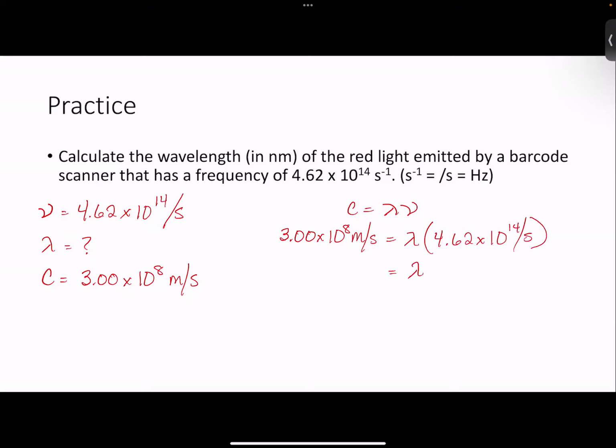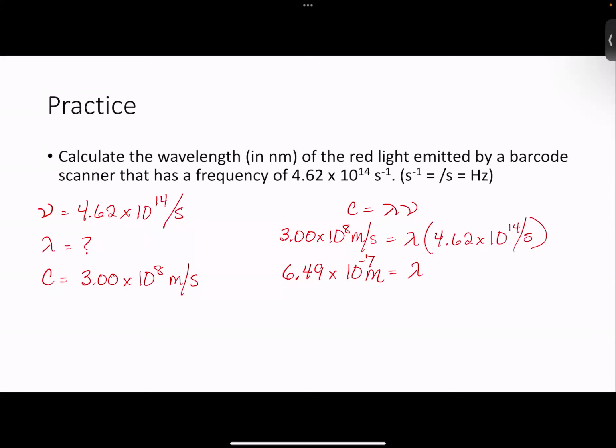Completing this calculation, you get a value of 6.49 times 10 to the minus 7, and that unit is in meters.